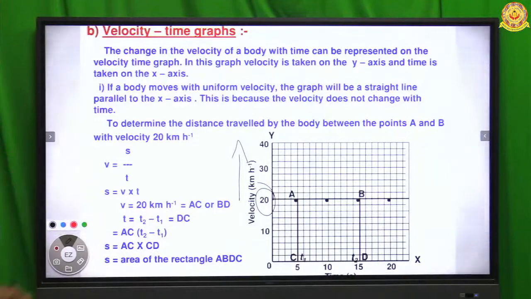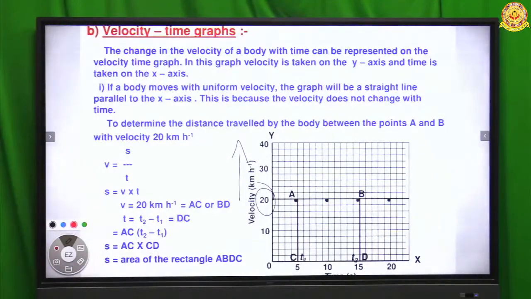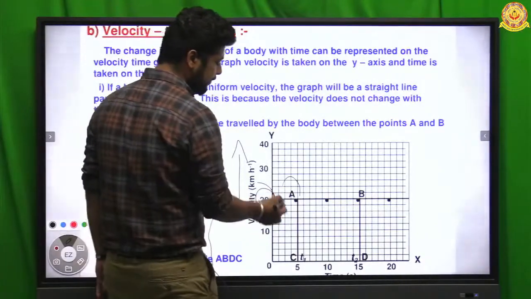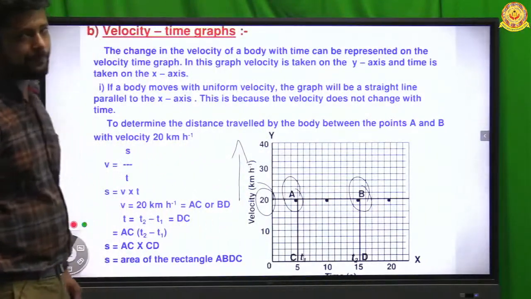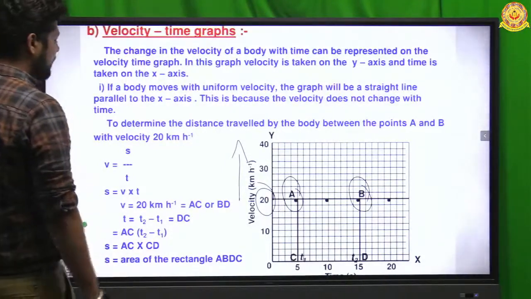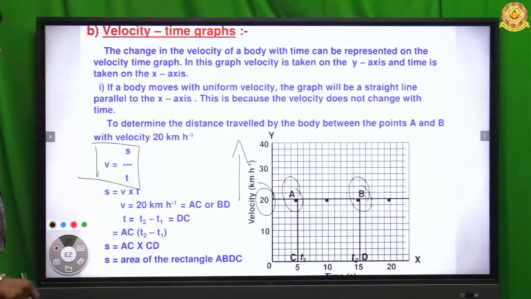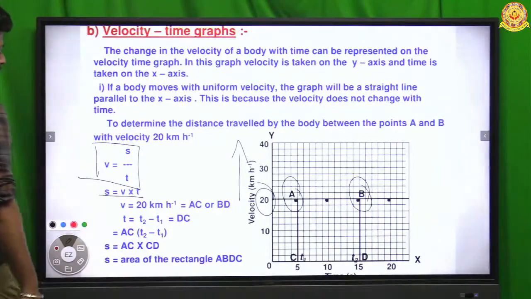To determine the distance traveled by the body between point A and B with velocity 20 km per hour, I want to know the distance traveled between point A and point B. Our velocity is 20 km per hour. We know that speed equals distance upon time, or we can write distance equals speed into time.